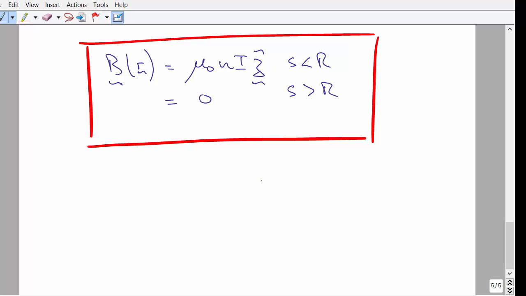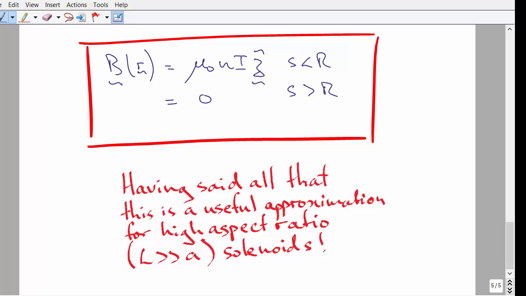Now you might ask the question, is this consistent with the divergence of B being 0? How can it be true? How can I have a constant field in one region of space and a 0 field in another region of space, and yet the divergence of the field is 0? Well, once again, this is a conceptual issue, all tied up with the fact that we're taking an infinite source.